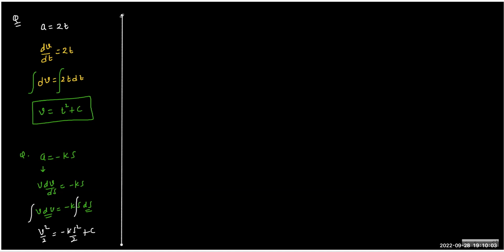And then comes the third part. I have already written this part, so I started with that only, today's lecture. If I give you A equals minus B V, that's very famous. This is called the drag force. If you move through a viscous medium, a medium which offers resistance, the faster you move, the more resistance it will offer.